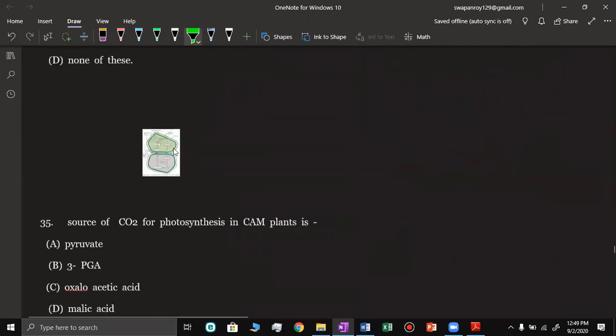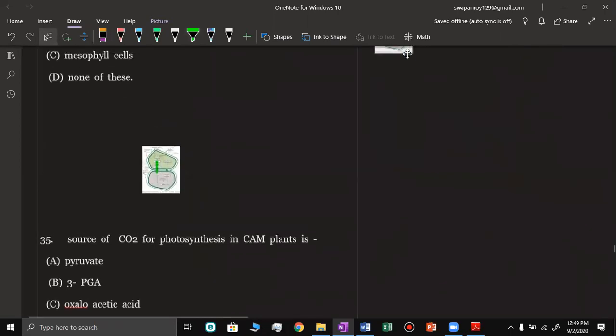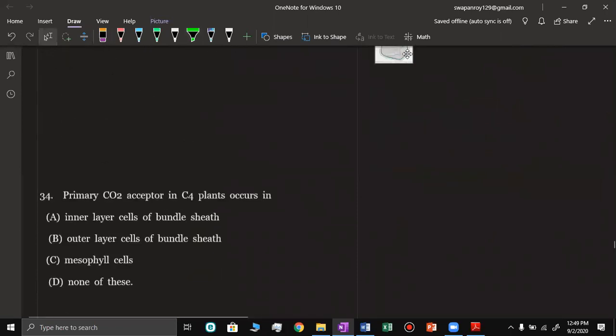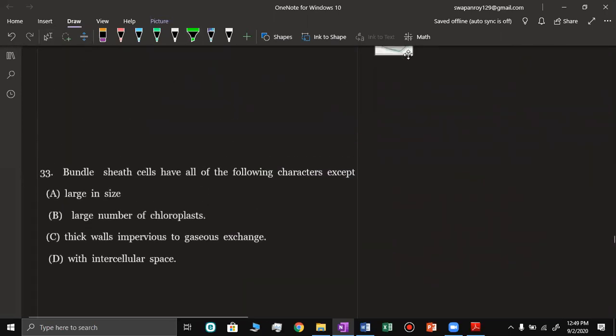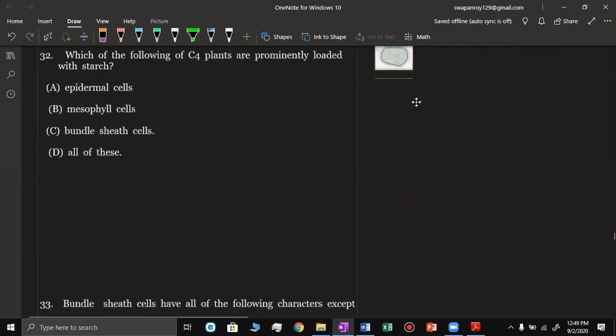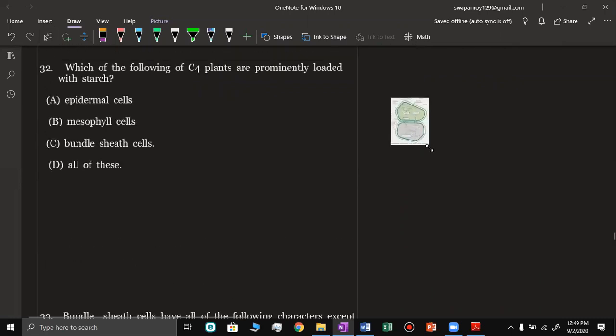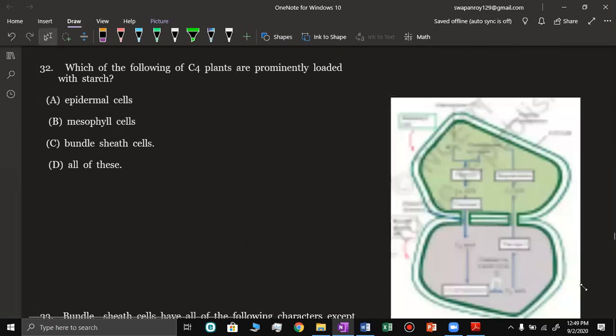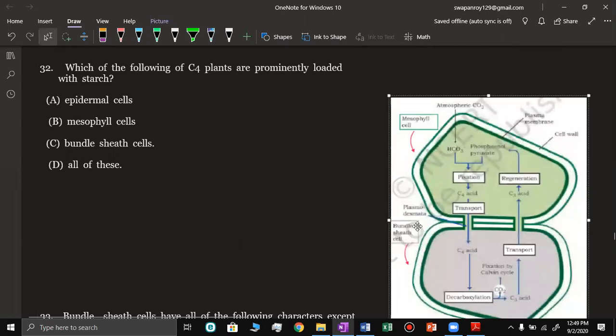Say here, this one is the diagrammatic representation of C4 plants and the C4 cycle.